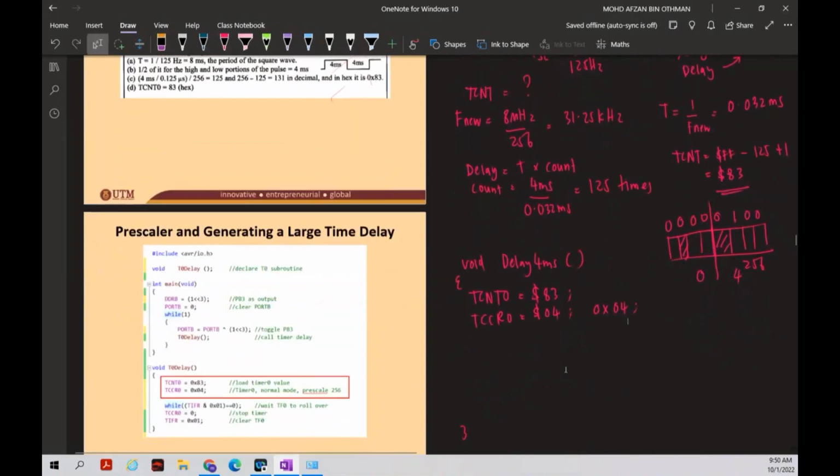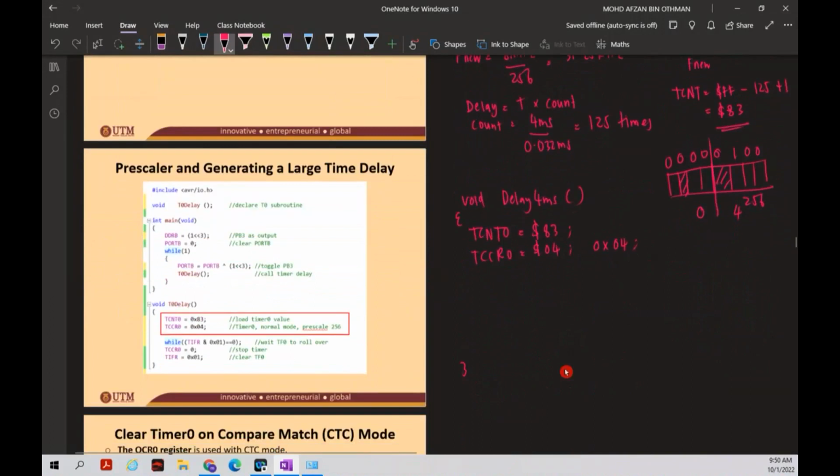And this is the second step. The third step: you're going to check your TIFR for the TOV0. Is it equal to 0?